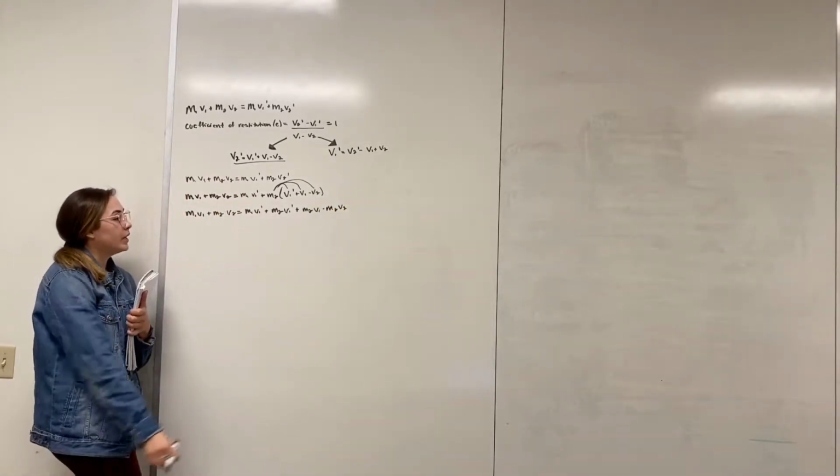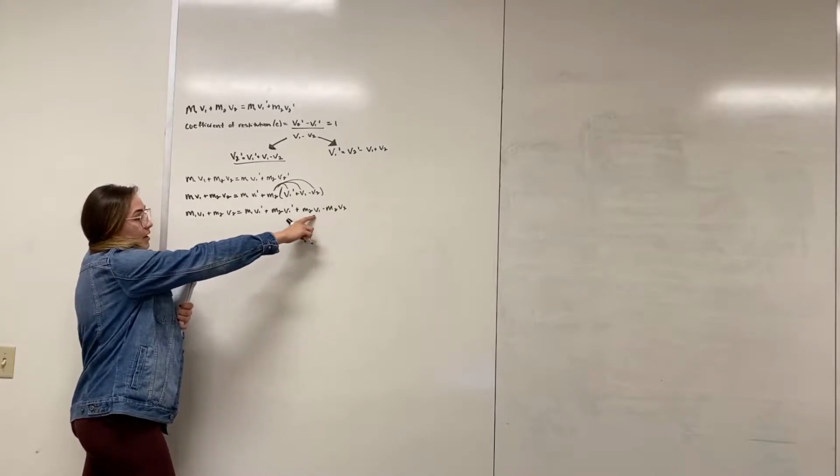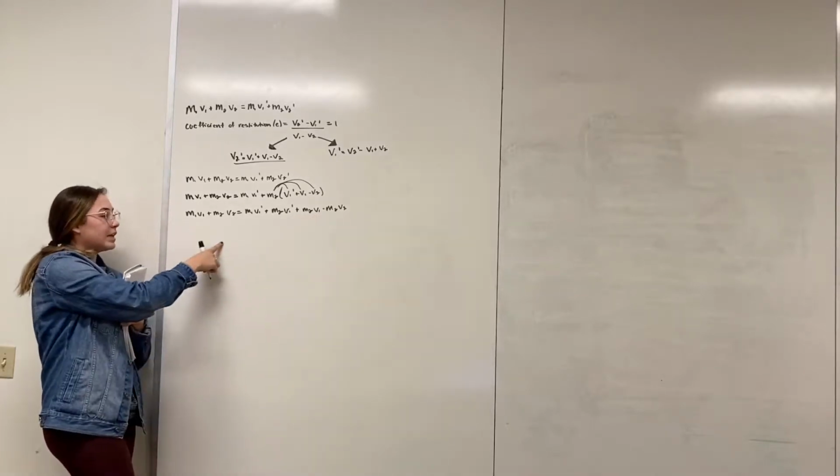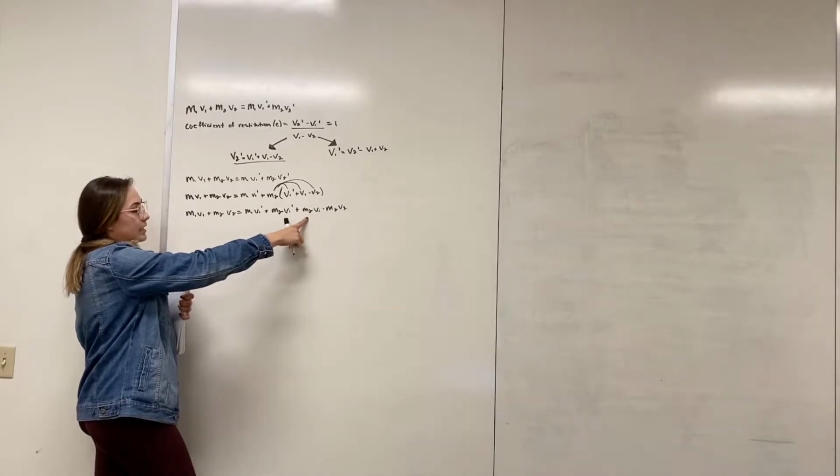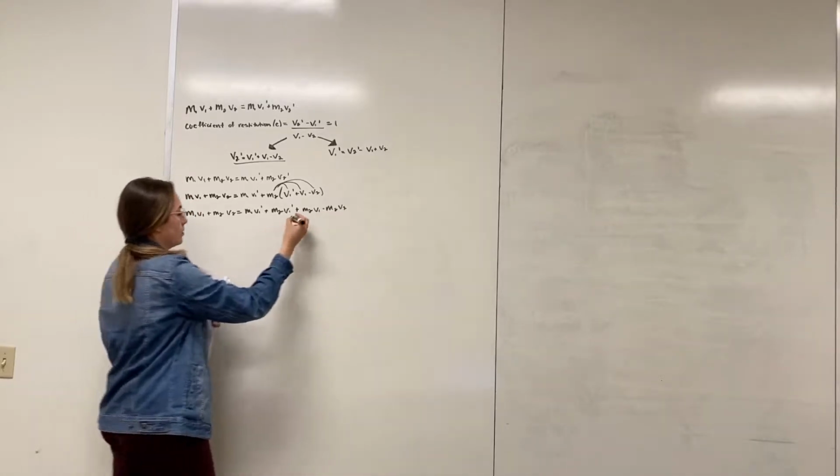And then we're going to go ahead and add m2 v1 to both sides, and subtract and then add m2 v2 to both sides.